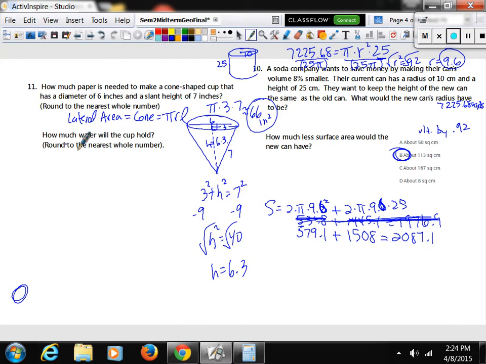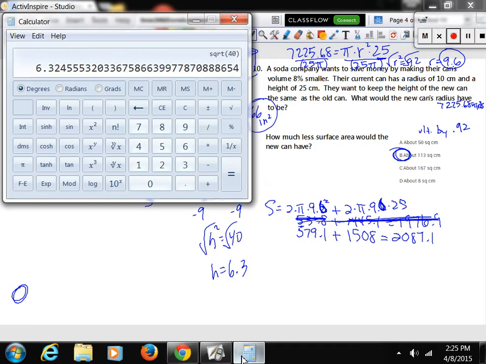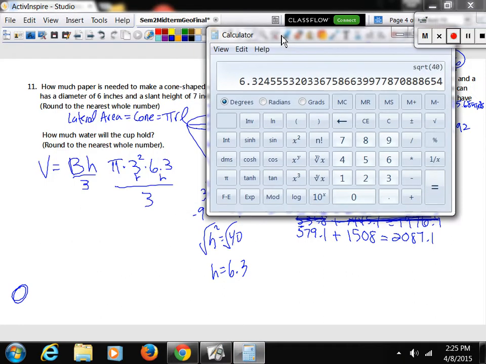So to get the volume of a cone, it's area of the base times the height divided by 3. There's 3 cones that would make 1 cylinder. So it would be pi times 3 squared times 6.3. This is your R, this is your H, divided by 3. So again, that becomes a calculator problem.